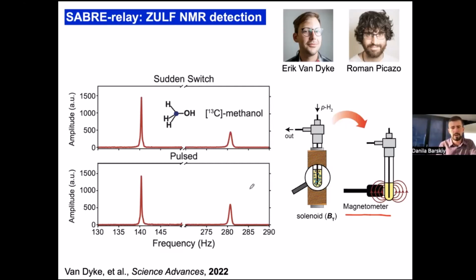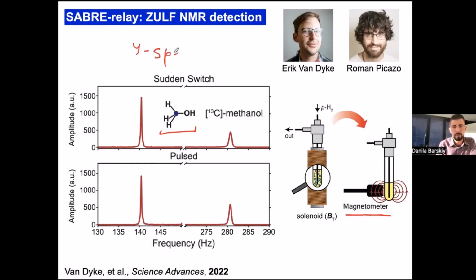As demonstrated here, for example, on this slide, we hyperpolarize methanol, as I showed previously, with SABRE relay. In C13 methanol, by simply bubbling parahydrogen gas at low field, we can detect characteristic frequencies and characteristic spectra at zero field. This is called J spectroscopy.